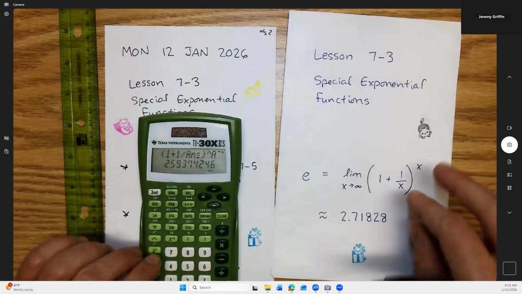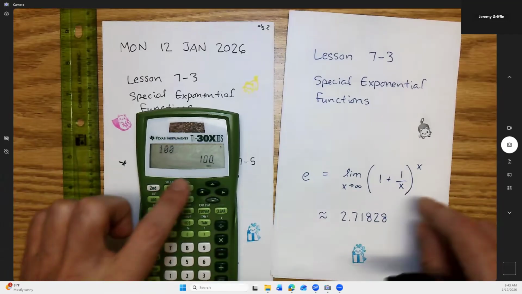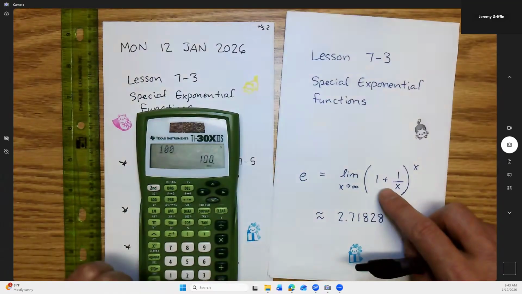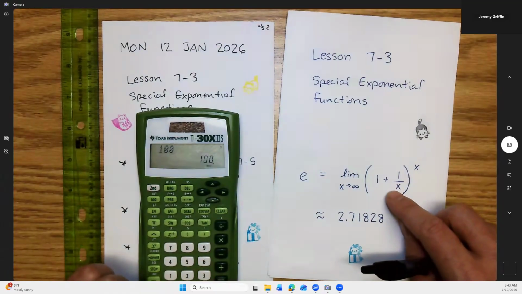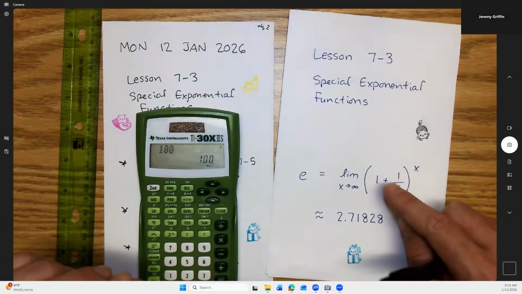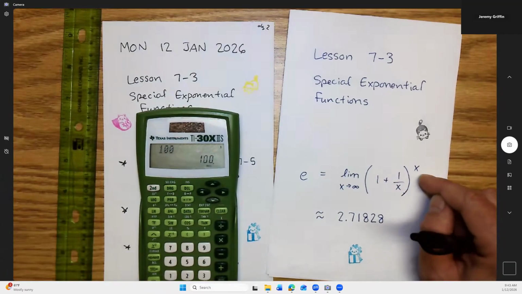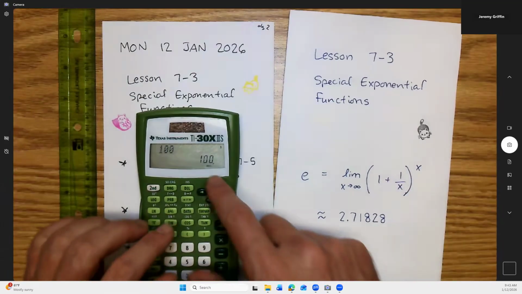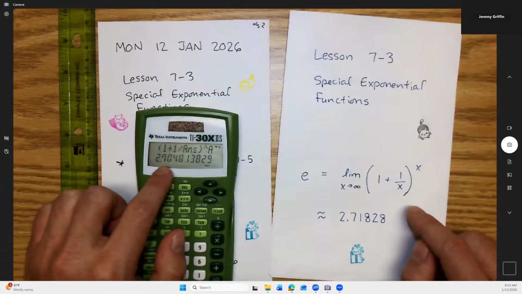What if you plug in 100? Then 1 plus 1 over 100 is just a tiny bit bigger than 1, it's 1.01. And we're going to multiply it by itself effectively 100 times, like 1.01 times 1.01 times 1.01, and so on. If I plug that in, I get 2.77.